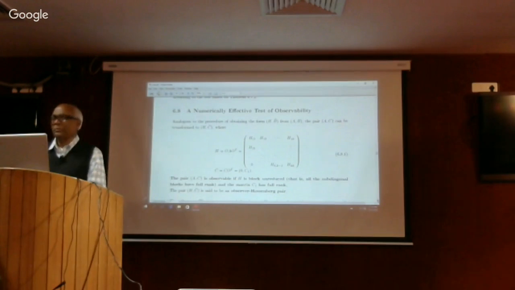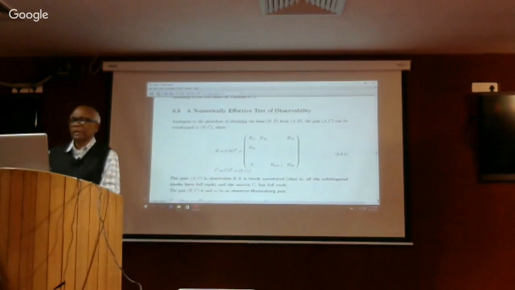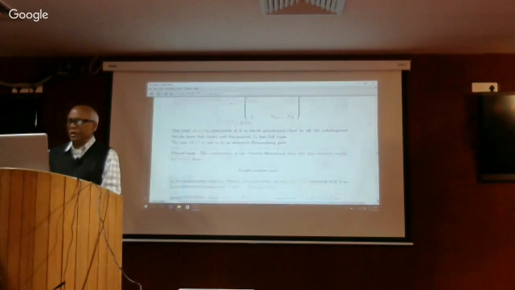We call this the block observer form, like the other one called block controller Hessenberg form. This is block observer. The test will be the same: the system will be observable if each of these sub-diagonal blocks has full rank. The pair is called an observer Hessenberg pair.